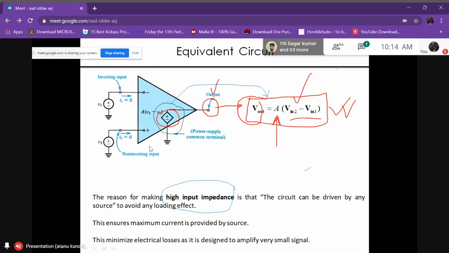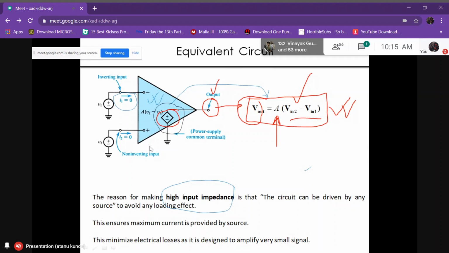If the op-amp does not have very high impedance at the input terminals, then what will happen? The current of the input signal will already be consumed by the internal circuit of the op-amp.